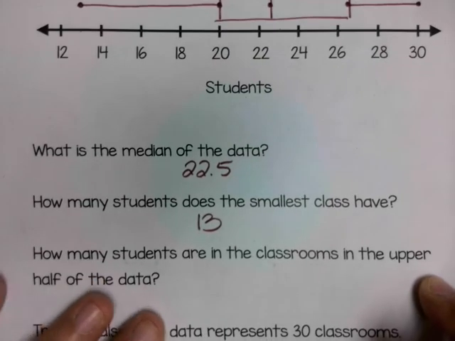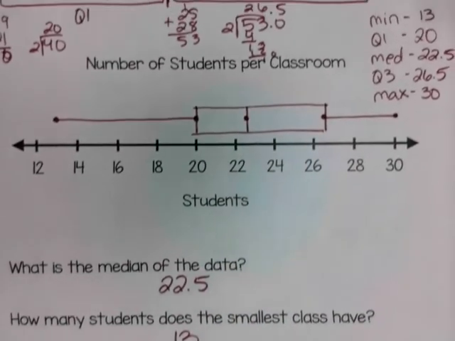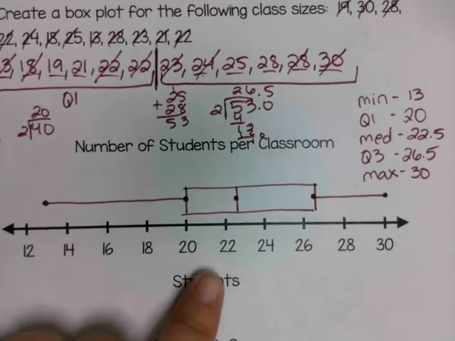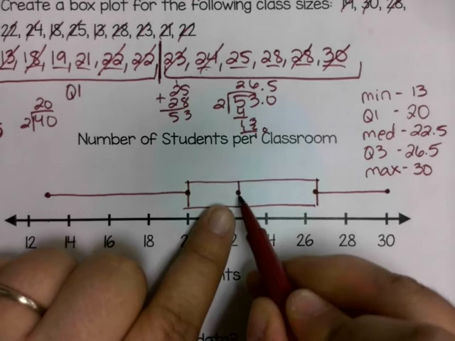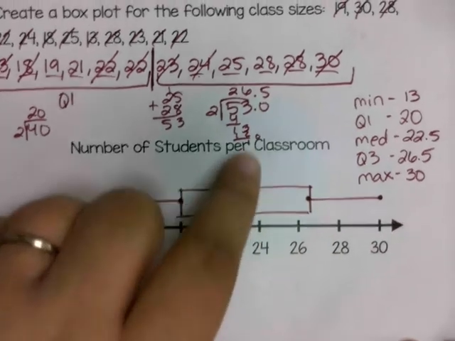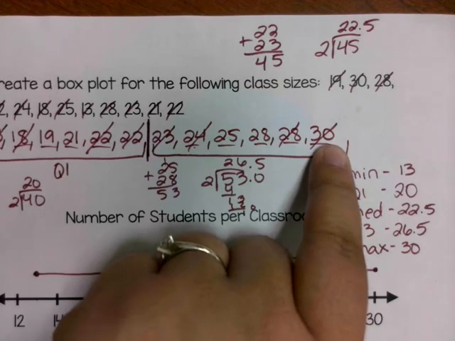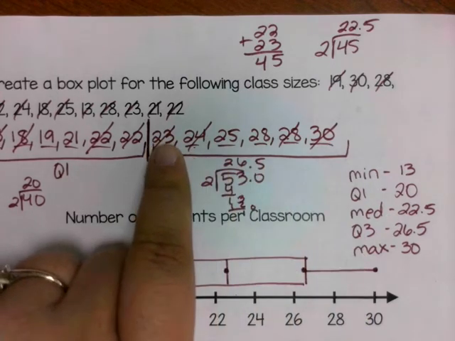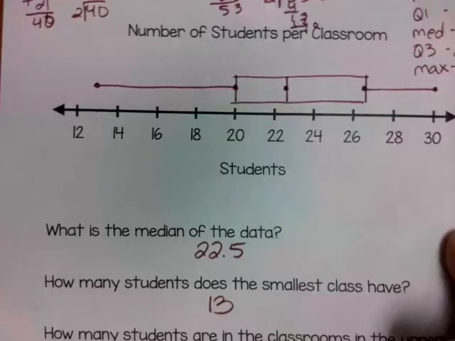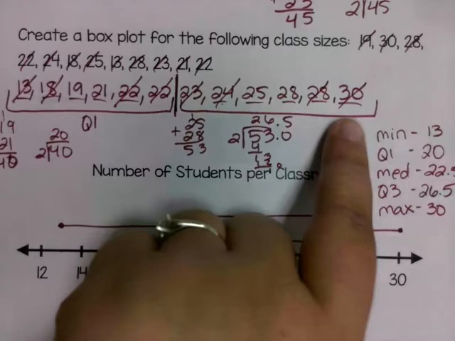How many students are in the classrooms in the upper half of data? So we don't know exactly, but if we were just looking at this, we would say the upper half would be from the median and up. Or if we had the data set, we could say from here 23 to 30. So I'm going to use the data set that was up here. So the students in the classrooms in the upper half of data was 23 to 30.